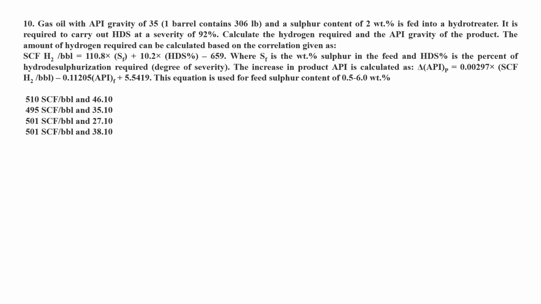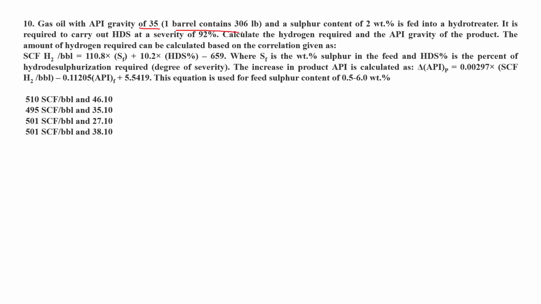The next question says, a gas oil with API gravity of 35, where one barrel contains 306 pounds, and a sulfur content of 2 weight%, is fed into a hydrotreater.